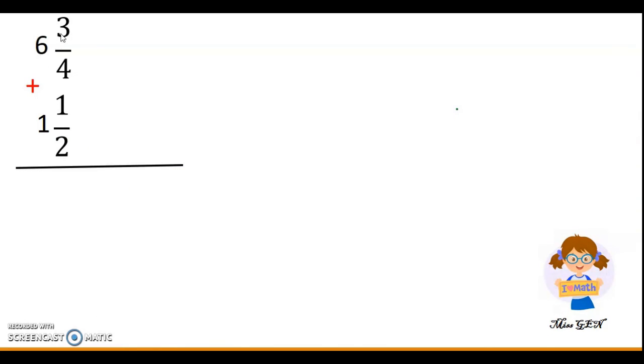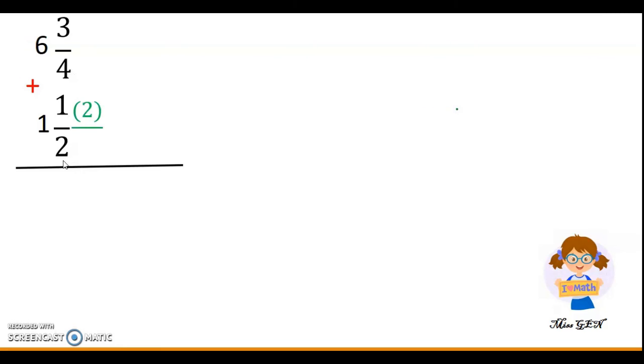So let's try another example. We have 6 and 3 over 4 plus 1 and 1/2. So step 1, find the equivalent fractions that give us the common denominator. So here our denominators are 4 and 2.